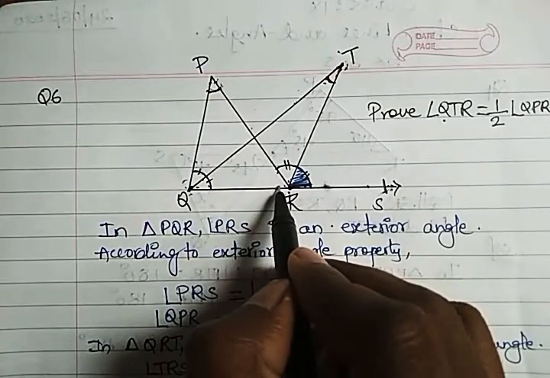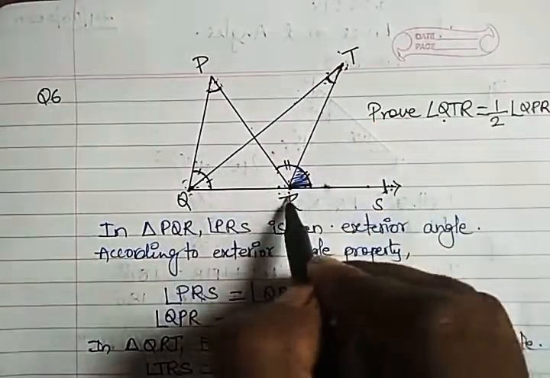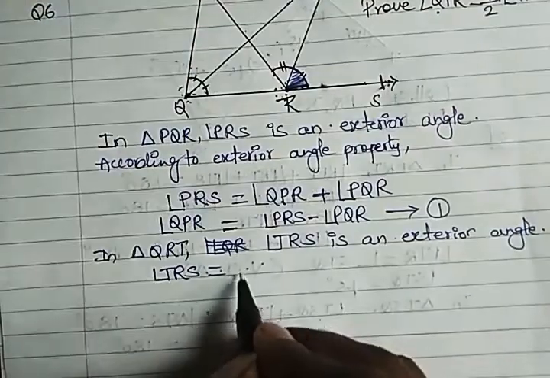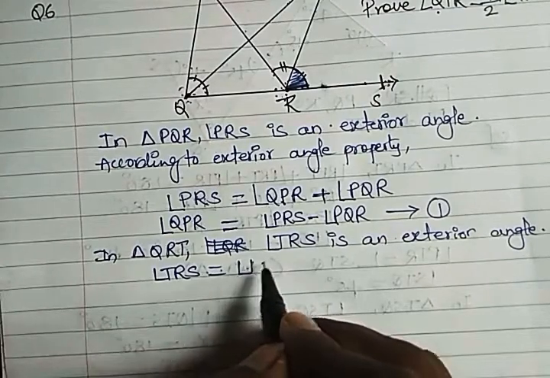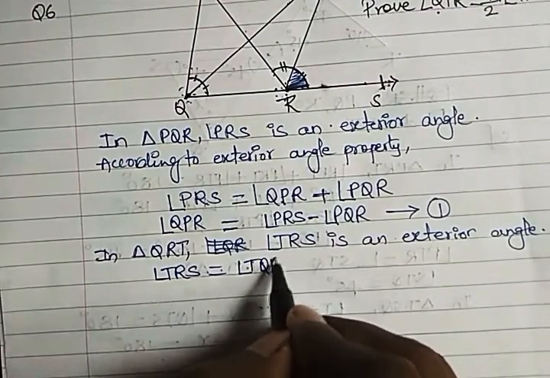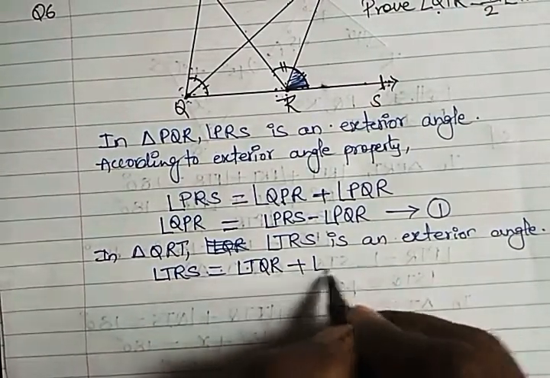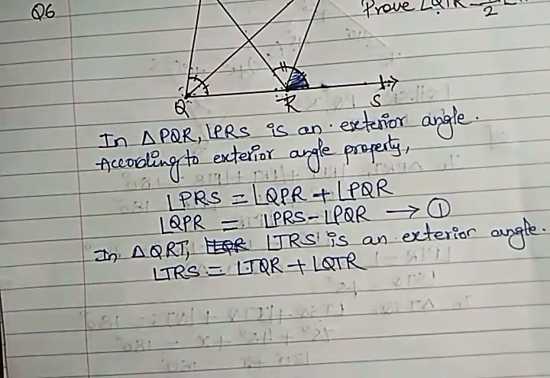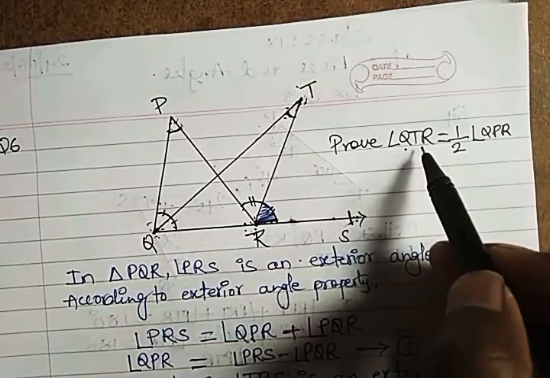TQR plus QTR. These are the two angles. So TRS is equal to QTR plus TQR. What we have to prove needs QTR, right?